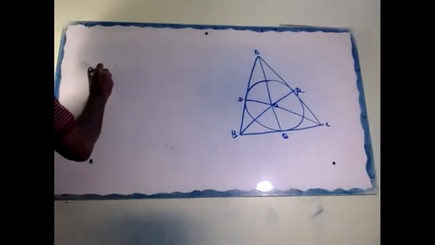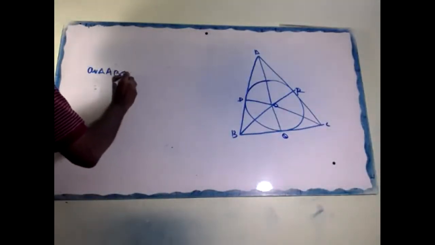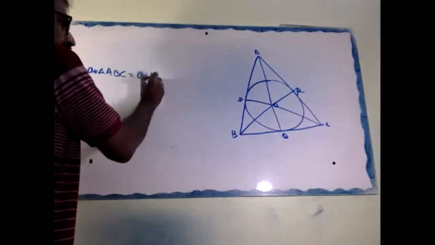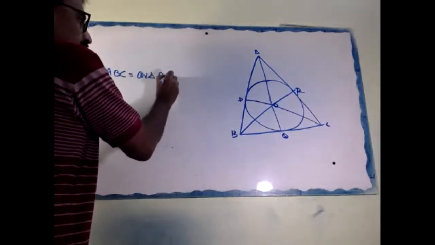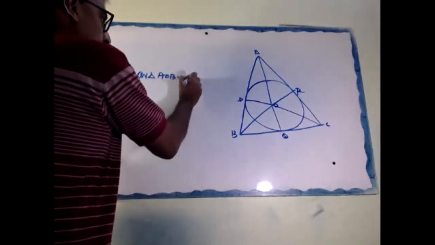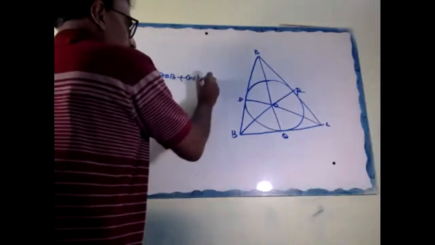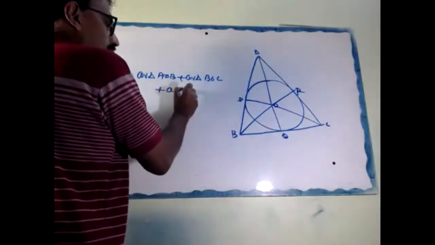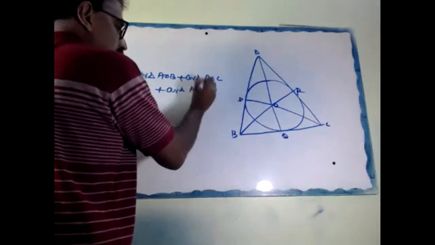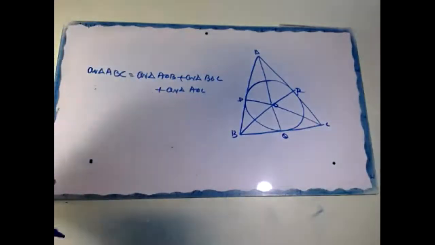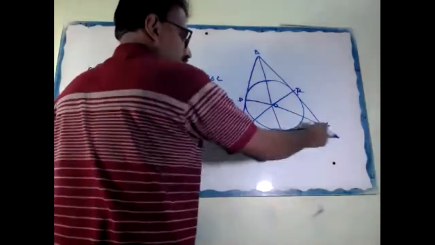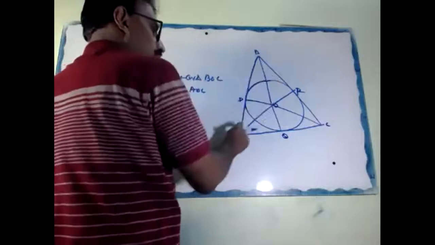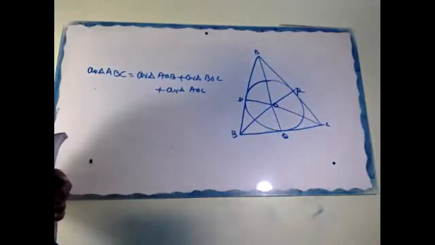Area of triangle ABC equals area of triangle AOB plus area of triangle BOC plus area of triangle AOC. Correct or not? Area of triangle ABC equals AOB plus BOC plus AOC.